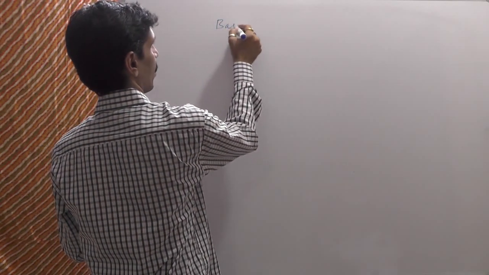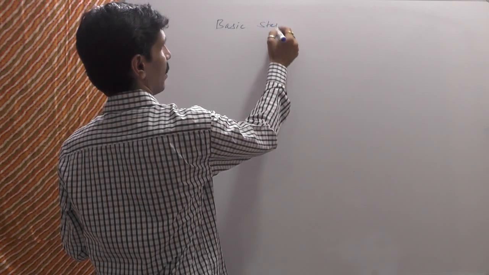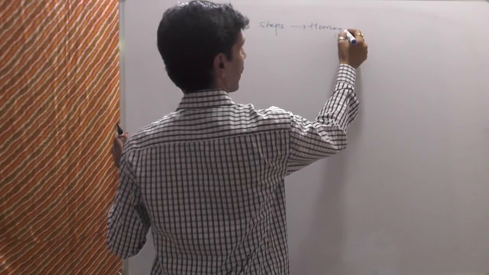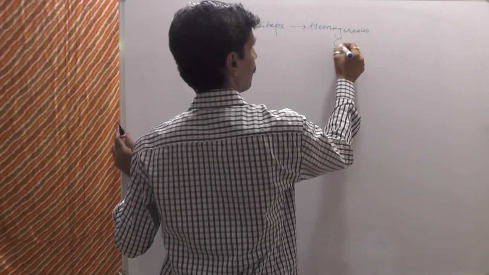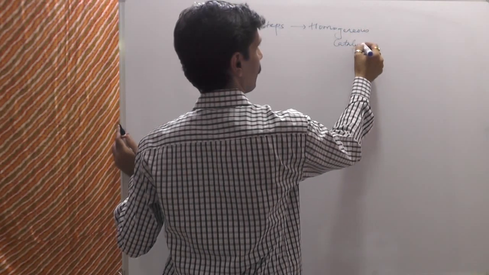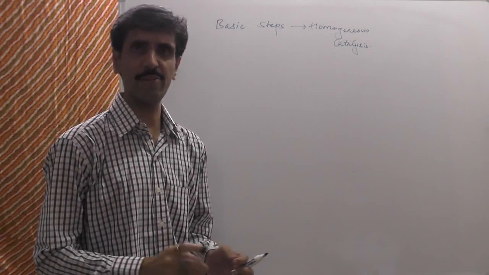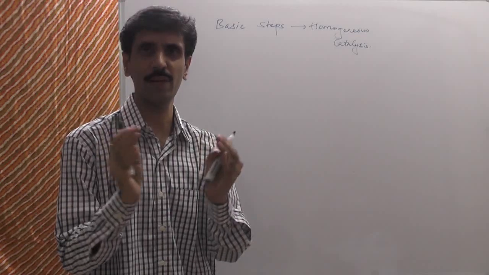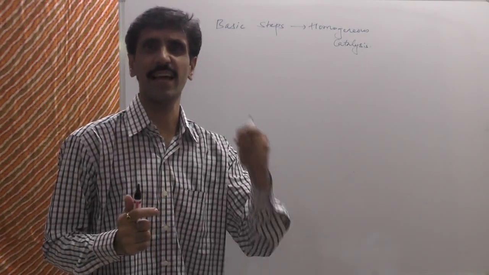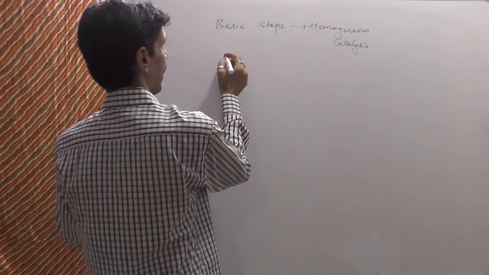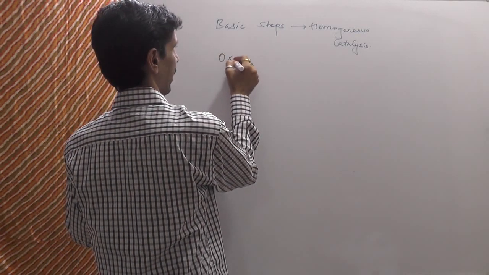The basic steps involved in homogeneous catalysis. So, to begin with, I'll be explaining step by step so that you understand this absolutely clearly. The first one is called oxidative addition.